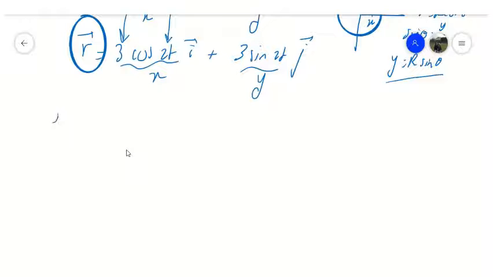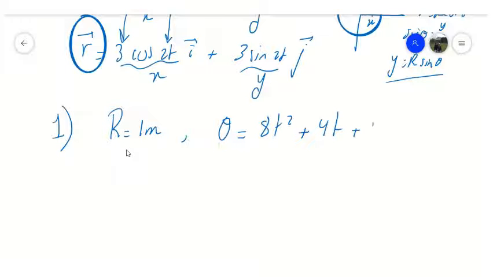Now application 1 about the circular motion. We have an object moving along a circle. The radius r equals, for example, 1 meter, and the angular displacement for the particle is 8t squared plus 4t plus 1. First of all, we have to determine in part 1 delta theta between the two instants 0 and 1. Delta theta is the angular displacement.